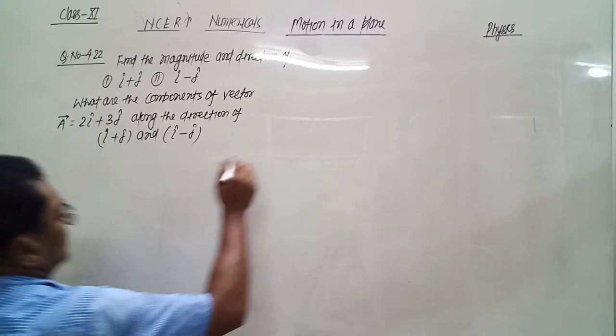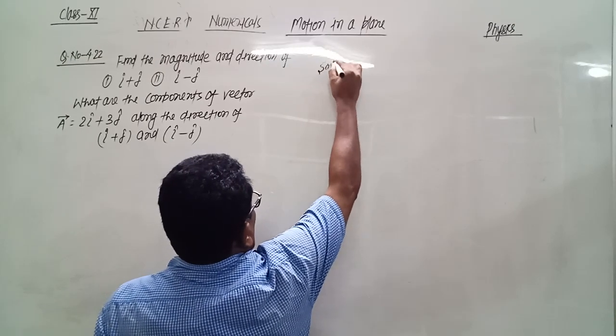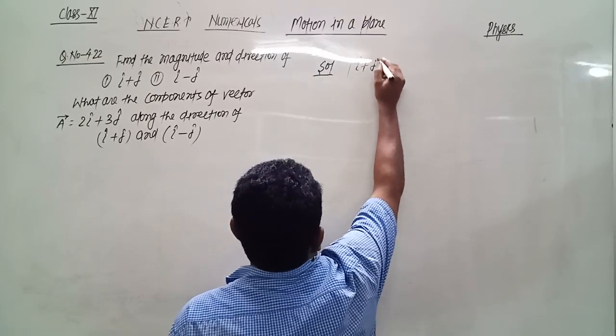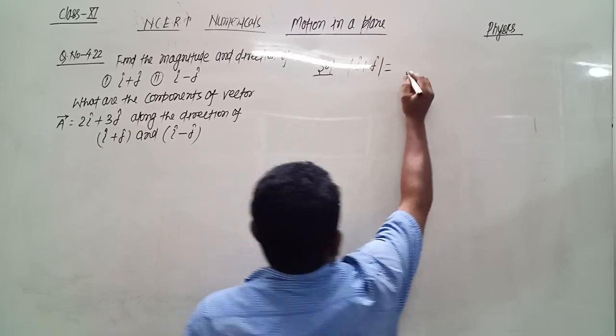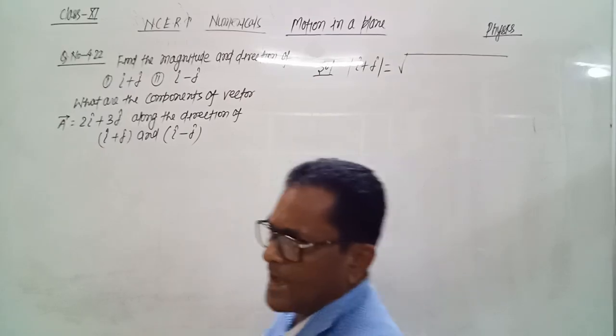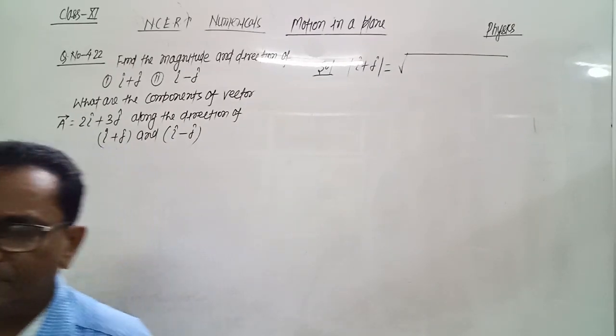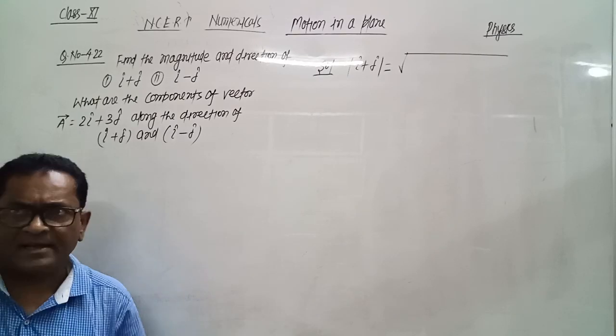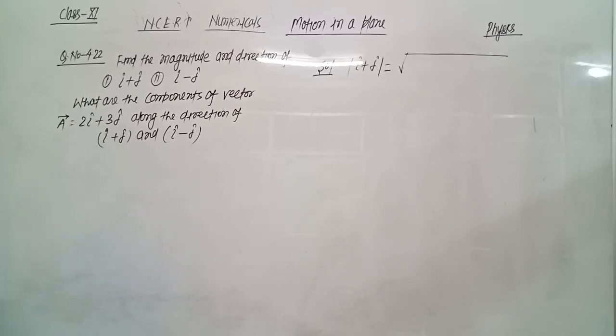The magnitude of i cap plus j cap is given by under root of, we know that the angle between i cap and j cap is 90 degree because x axis and y axis are mutually perpendicular to each other.